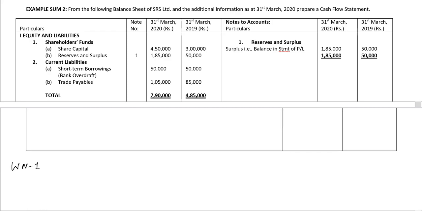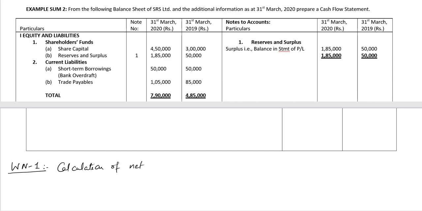Working note 1, calculation of net profit before tax and extraordinary items.